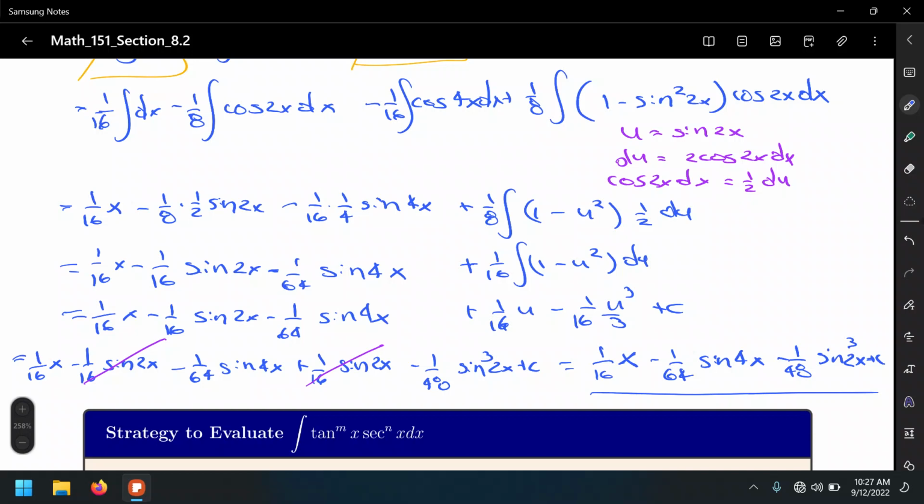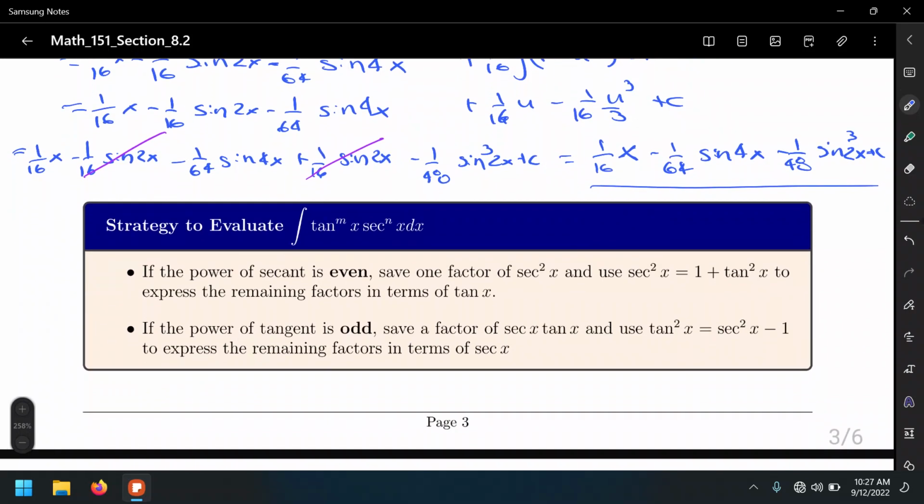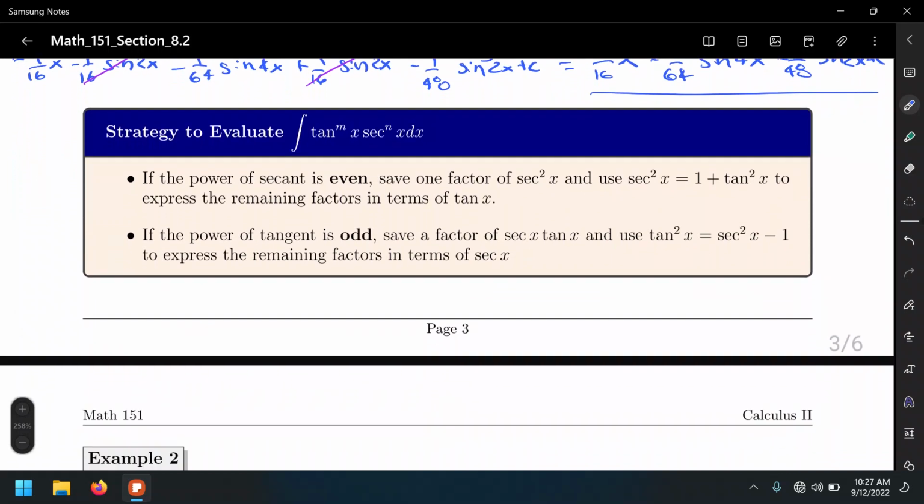Let's see what's next. The next is the strategies to evaluate integrals involving powers of tangent and powers of secant. In this case, the strategies for this kind of integrals are really not all set like we had those for sines and cosines. For sines and cosines, you can't go wrong with those.